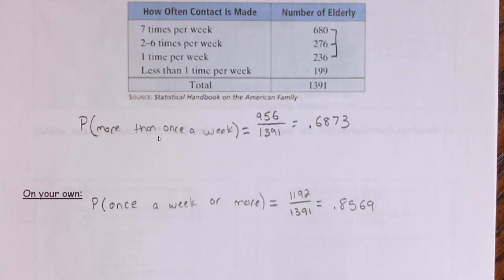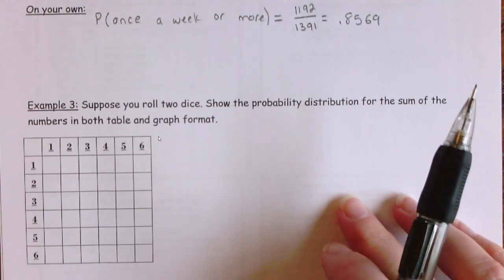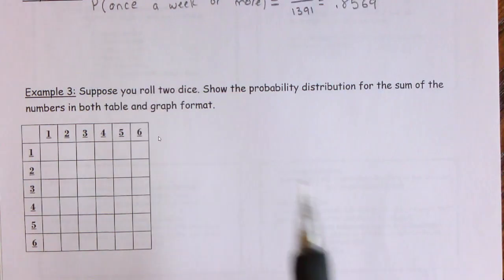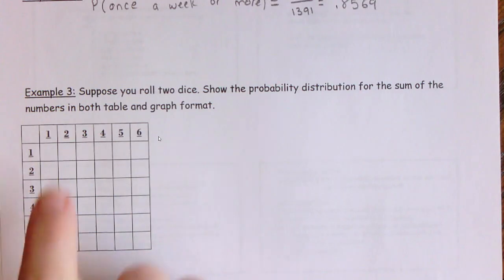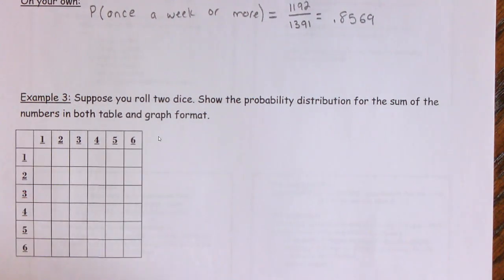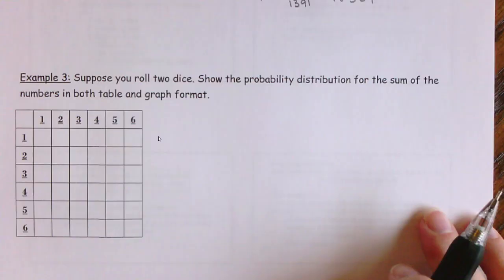All right, so for example 3, you will need this table on the notes, so make sure that you have it. So we are looking at rolling 2 dice, and we have the sum of the 2 dice. Okay, so we have this table. These numbers up at the top represent one die, and the numbers down the side represent another. So we can go ahead and fill in the table.